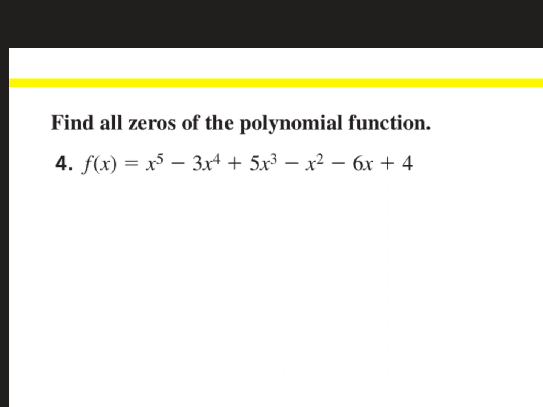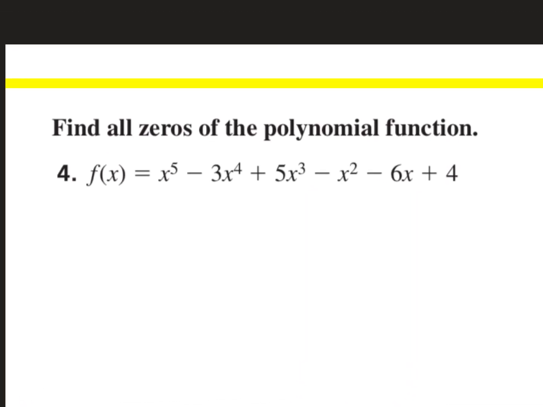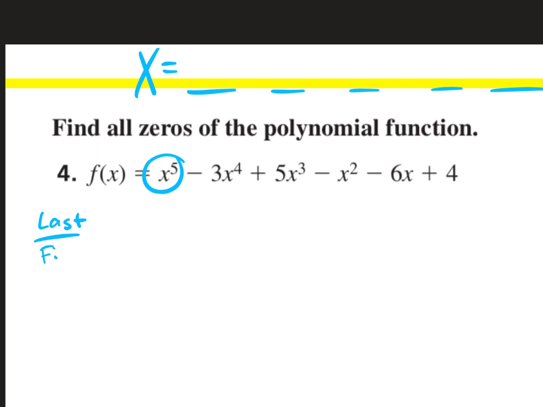With the last question, number 4, how many solutions am I going to have? 5. So x is equal to, I have 5 answers here. So we have 5 answers. How would we start here? Last over first. So last over first.